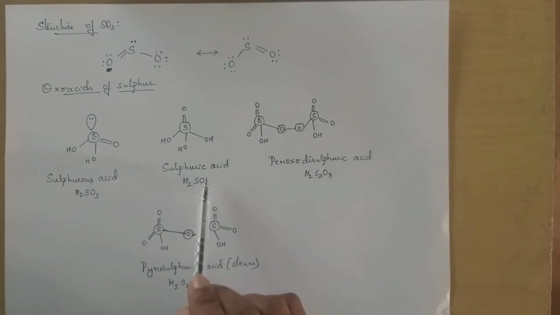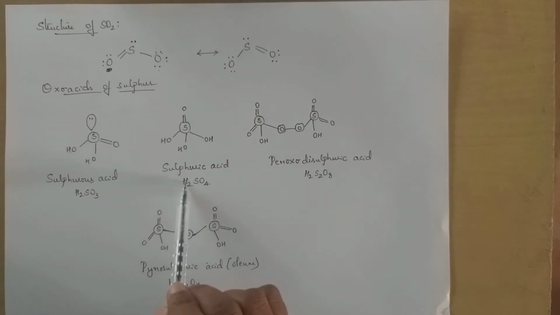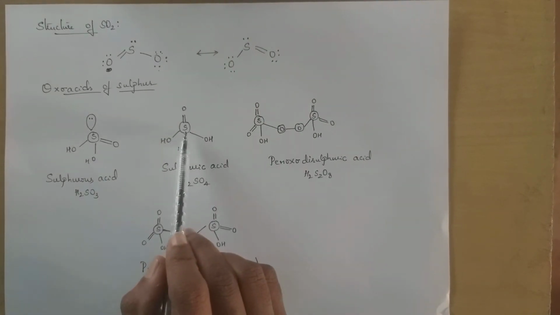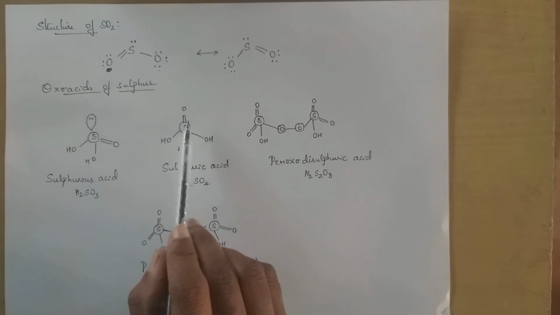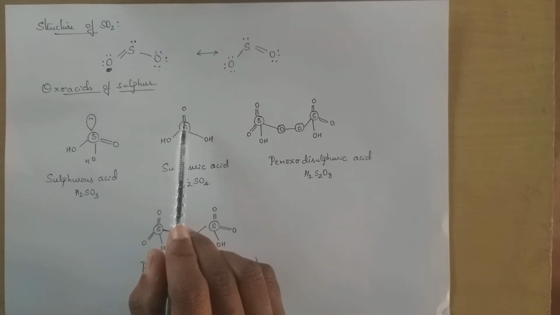Whereas sulfuric acid, as you all commonly know, a very important acid, is H2SO4. So here sulfur is the central atom, where we have 3 hydroxyl groups and 1 oxygen atom.